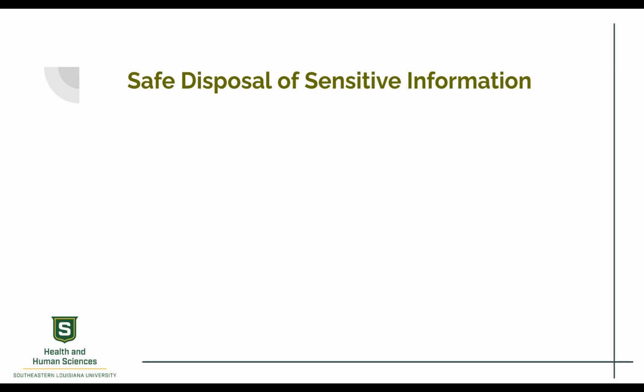Something to also pay attention to, now that you've stored the PHI, and you have used and disclosed it, is how you're disposing of sensitive information. There's a lot of information being generated on a daily basis in the healthcare system, so as you can imagine, it is impossible to store every one of these in perpetuity.